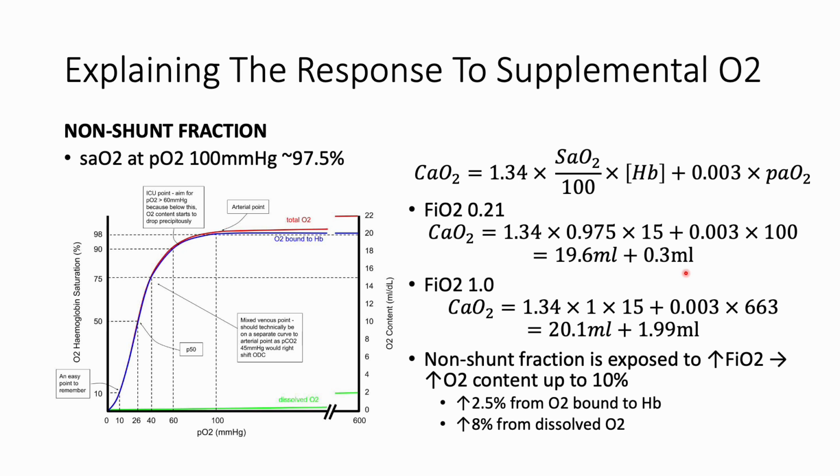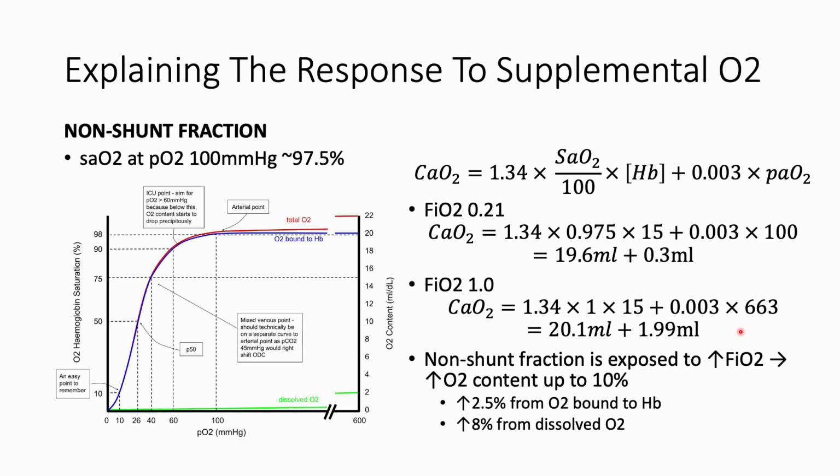What happens if we increase the inspired oxygen to 100%? In this case, we can bump the saturation up to 100%, and according to the alveolar gas equation, theoretically we can get the PO2 up to 663, which results in 20.1 mLs of oxygen being bound to hemoglobin and almost 2 mLs dissolved in plasma.